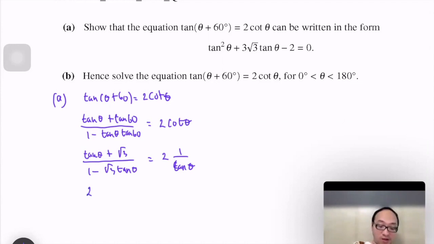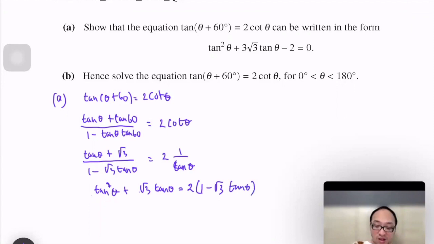So 2 tan² θ plus 2√3 tan θ equals... no 2 here... equals 2 times (1 − √3 tan θ).